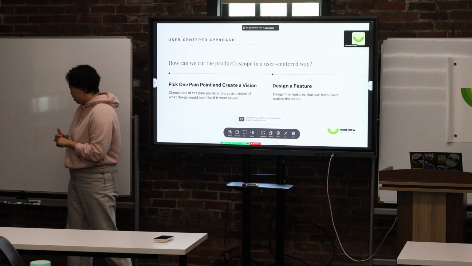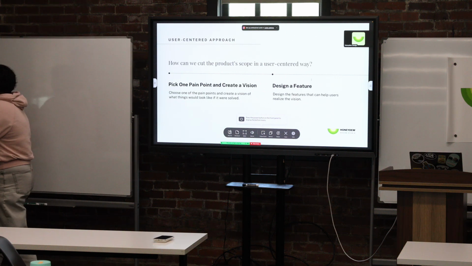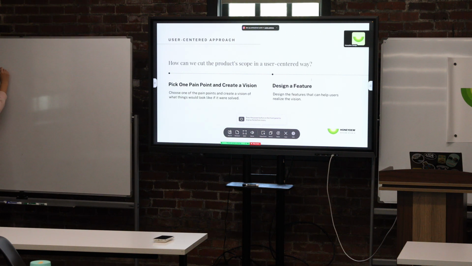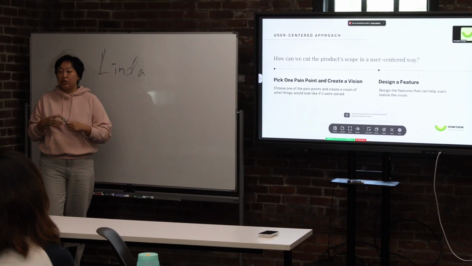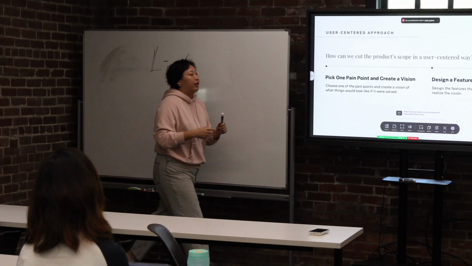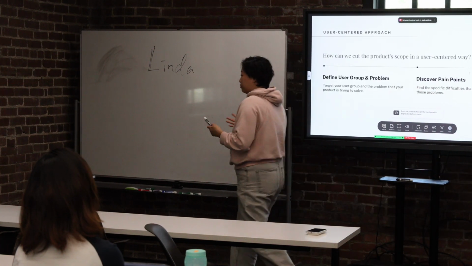So we have an example for this. For example, Linda. She just graduated from the university. She is 23 years old and she majored in computer science. Well, we have the people right here. This is Linda, and people like Linda are a user group.